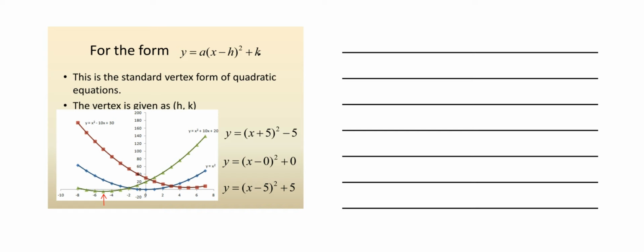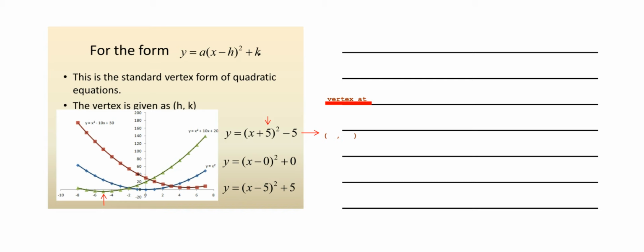So let's depict where our vertex is. Notice this one I stated the equation a little bit bigger. For the first equation, the green graph, remember it's (h, k), involved in your equation. So you have a 5 and a negative 5 in the first equation. But be aware, that first sign is a little tricky.